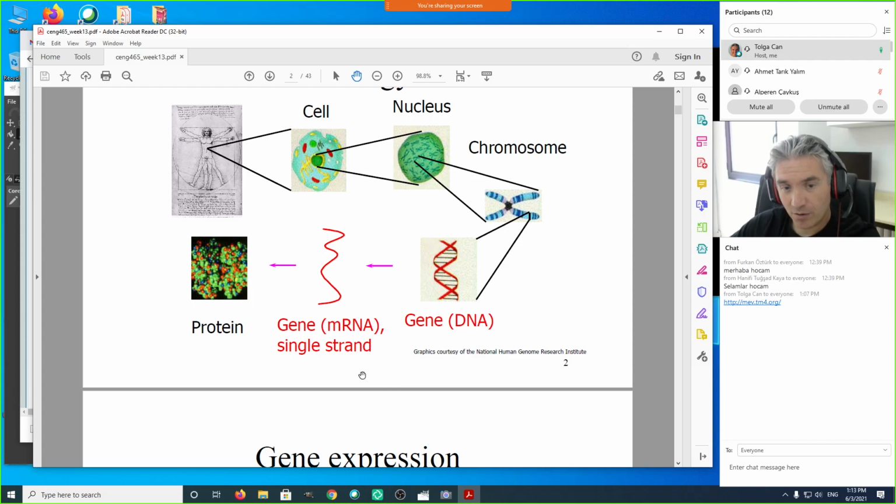So this technology of microarrays basically promises to approximately find protein levels. I say approximately because after the messenger RNAs, there are also post-transcriptional events that may disrupt protein synthesis.